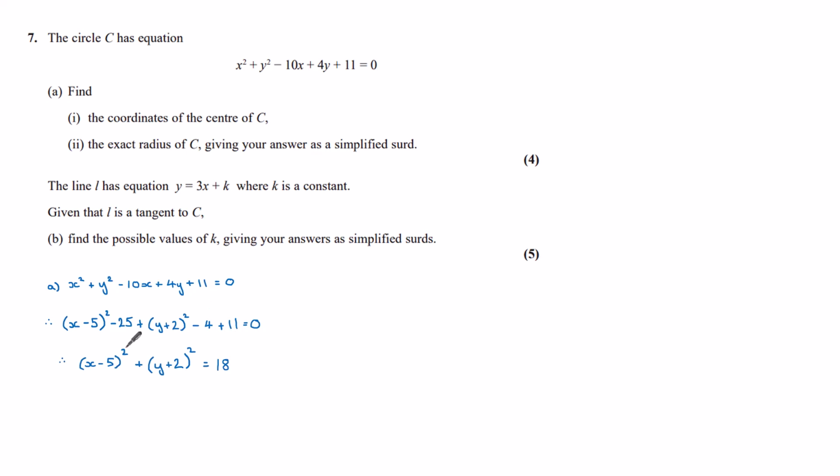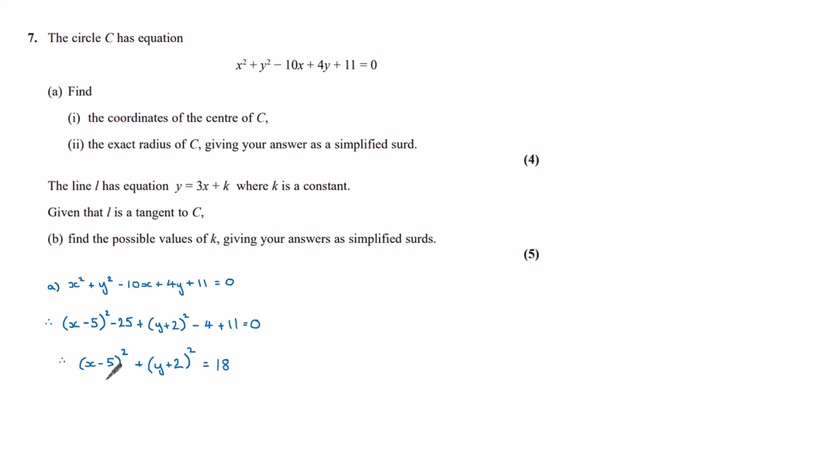Simplifying this by adding the 25 and the 4 to the right hand side and subtracting the 11, you've got x minus 5 all squared plus y plus 2 all squared is equal to 18. Now when we have our circle written in this form, we can see straight away that the centre coordinates are found by solving these two brackets.